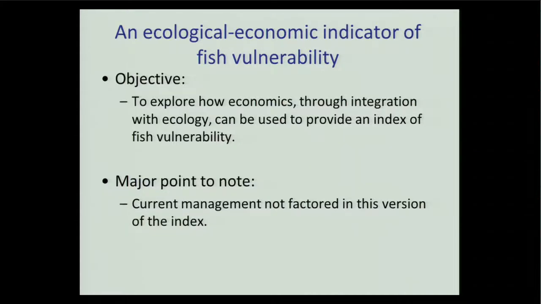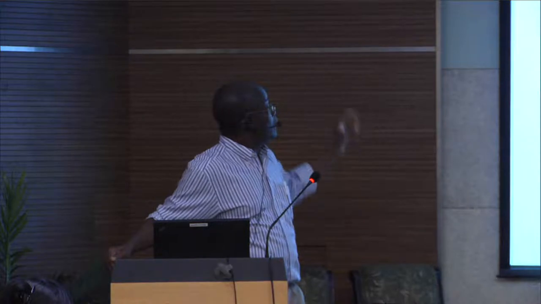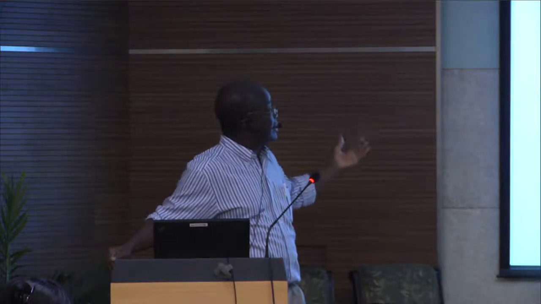So if you have a fishery where there's no fishing, with the same stock, and another place where it is fished, are they equally vulnerable? Of course they are not, right? So that was the beginning of this idea, to try to explore how economics through integration with ecology can be used to provide an index that is a more bioeconomic index of vulnerability.